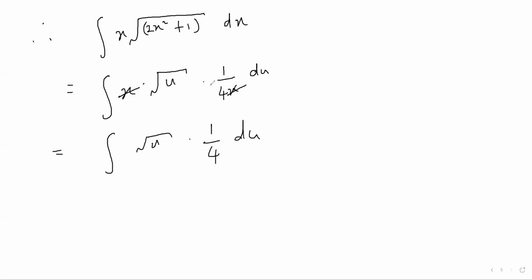Moving forward, we factor out the 1 over 4, and inside we are left with the square root of u with respect to u. Now the square root of u can be written as u to the half.